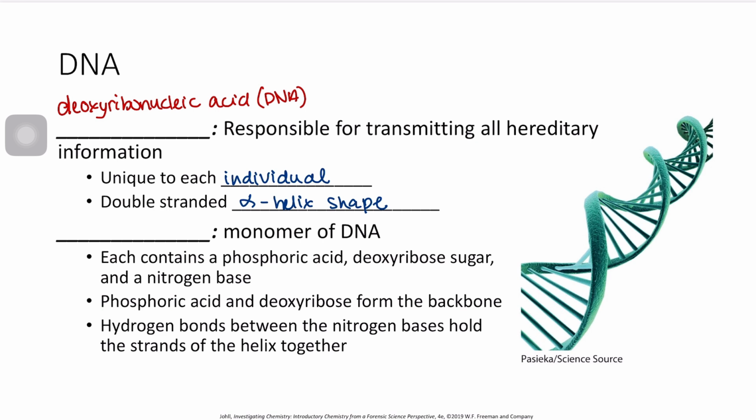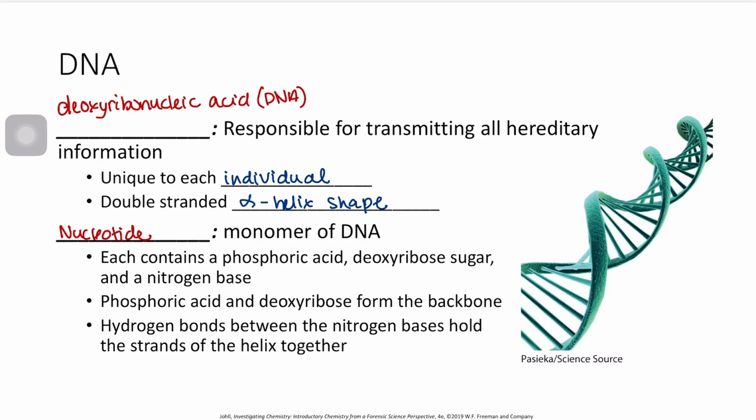A nucleotide is a monomer of DNA, and each monomer of the DNA is going to contain phosphoric acid, deoxyribose sugar, and a nitrogen base. The phosphoric acid and the deoxyribose are going to form the backbone, and the hydrogen bonds between the nitrogen bases hold the strands of the helix together.